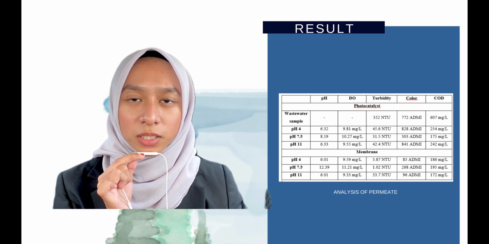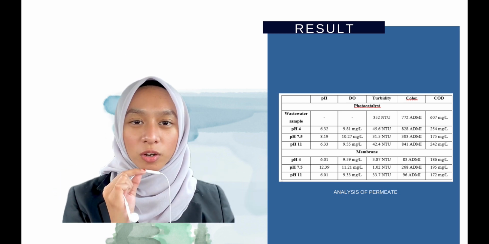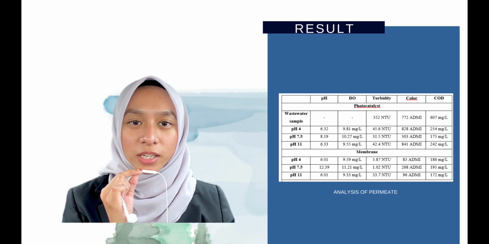It has been mentioned that at lower pH value, the functional group will protonate and raise the positive charge of the photocatalyst source. This causes a decrease in degradation of organic molecules.